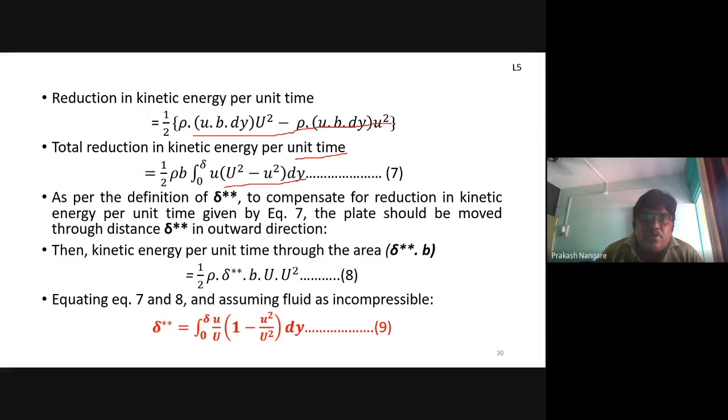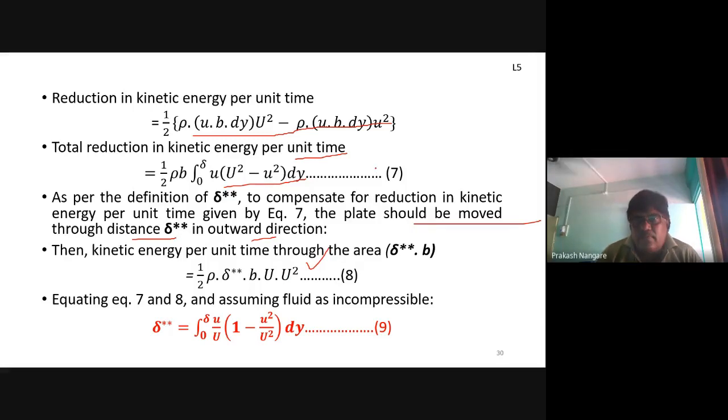As per the definition of kinetic energy thickness, to compensate for the reduction in kinetic energy per unit time given by the earlier equation, the plate should be moved through a distance delta double star in the outward direction. Therefore, kinetic energy per unit time through the area delta double star into B can be written as an equation.